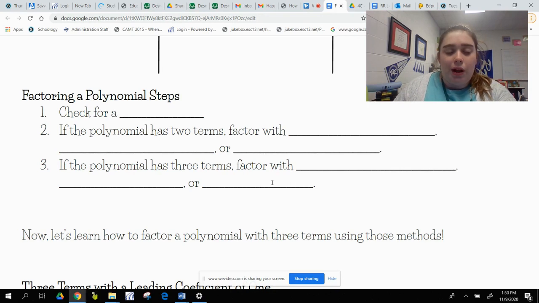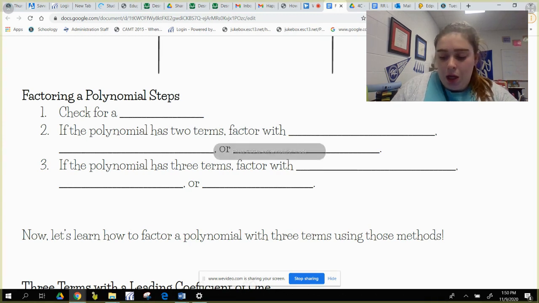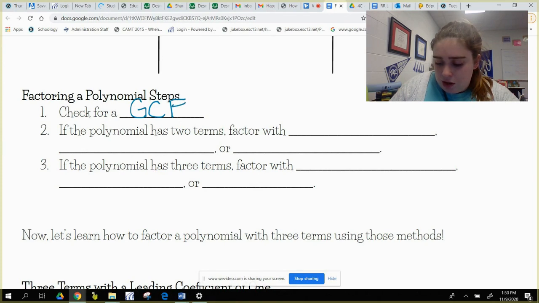The number one thing we're always going to do, no matter how many terms it has, is check for a greatest common factor. I'm just going to write GCF, and you can do that too, because greatest common factor is a really long thing to write.